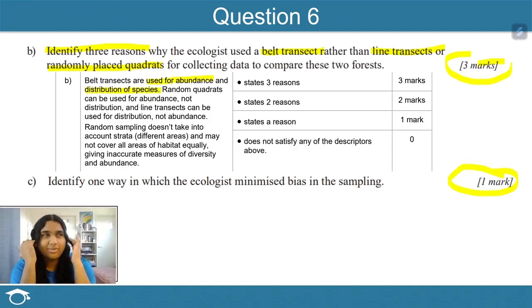So let's say if we were doing a beltline transect and we found that one species represents like 90% of the population, but they only were found in 2 of the 10 transects calculated, then you can say that they're a very high abundance species with a really small distribution for their habitat.